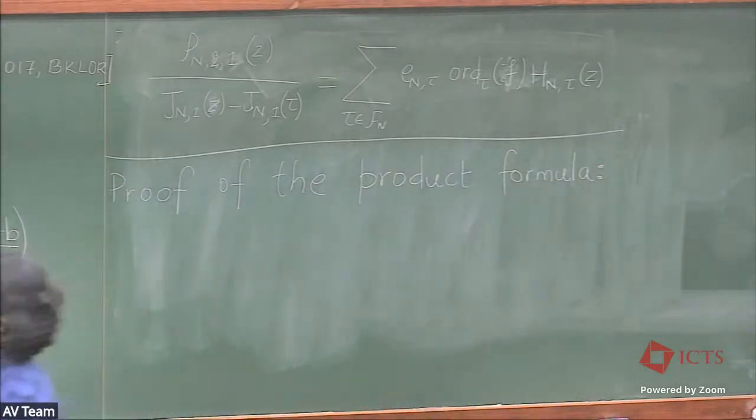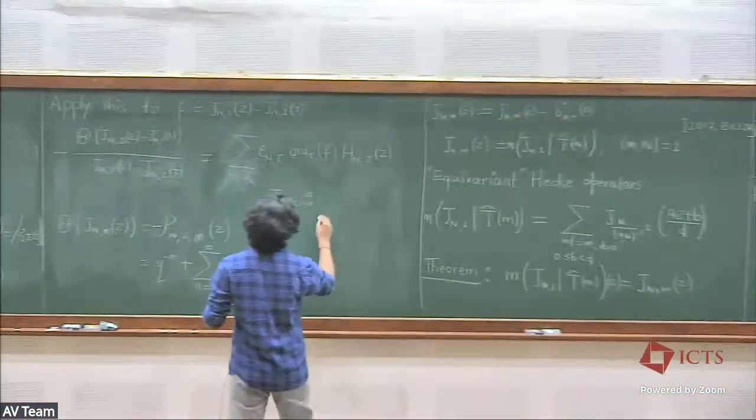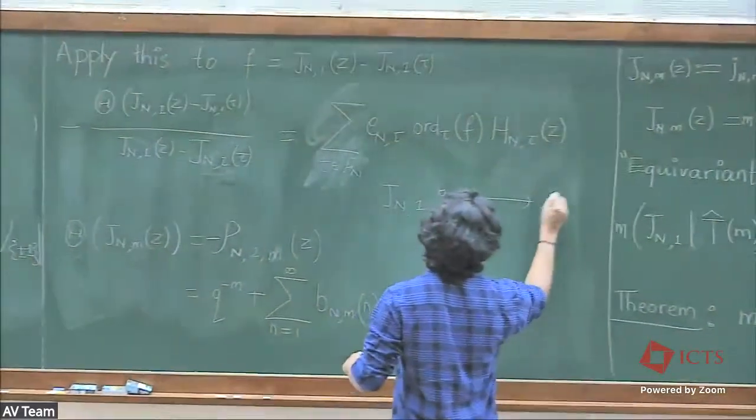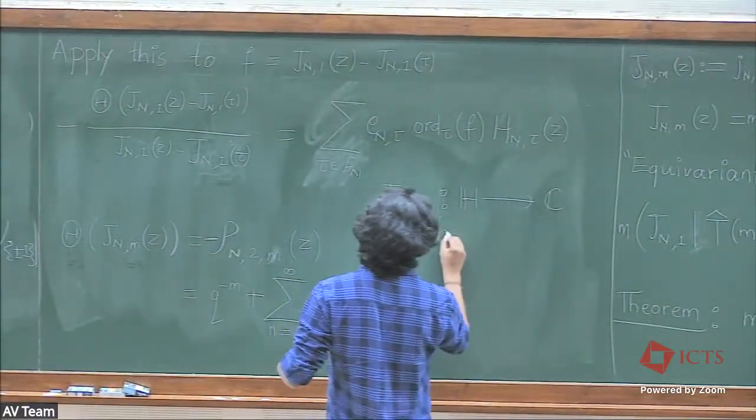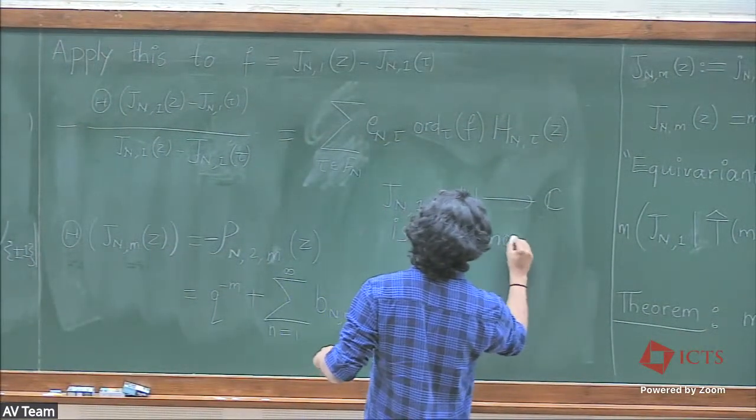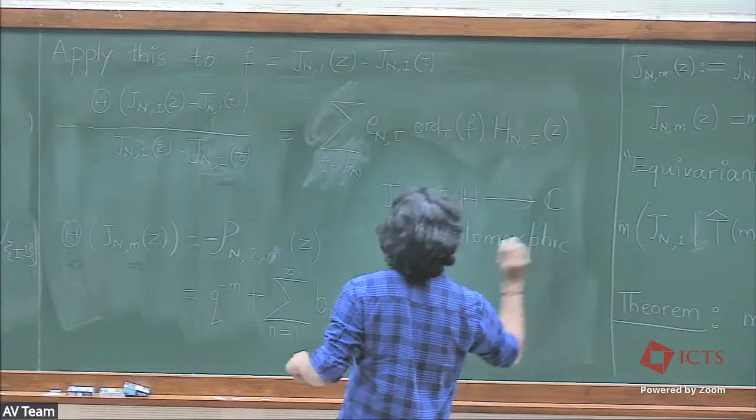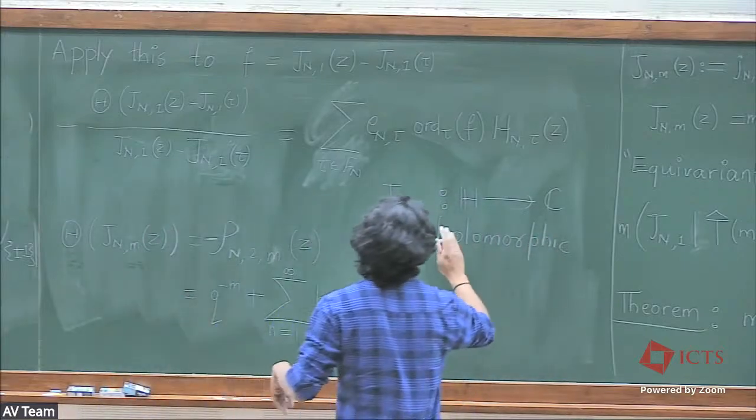So one thing I should mention here is that we are using the fact that Jn1 is holomorphic, or meromorphic, in fact.